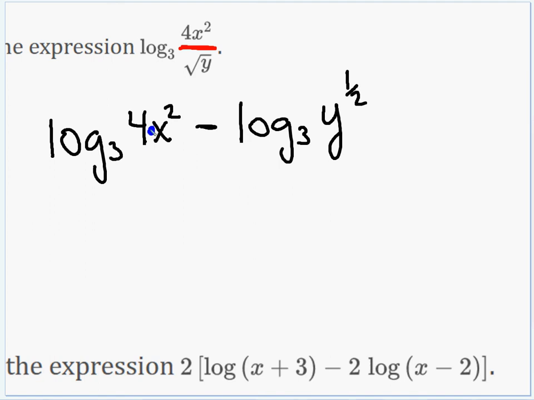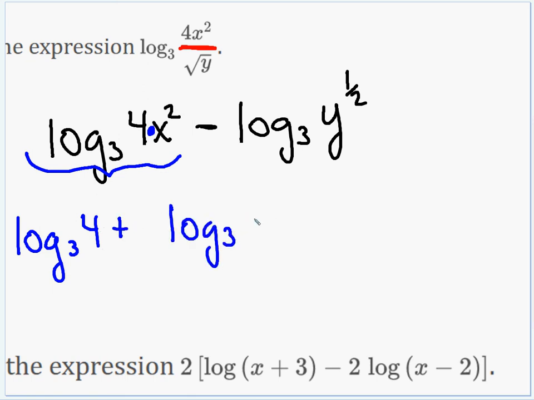This 4 is multiplied by x squared. So this log base 3 here, we can expand out into 2 more logs. I'll use blue ink for this. Log base 3 of 4 plus a log base 3 of x squared. And then we've got the rest of our expression, minus a log base 3 of y to the half.